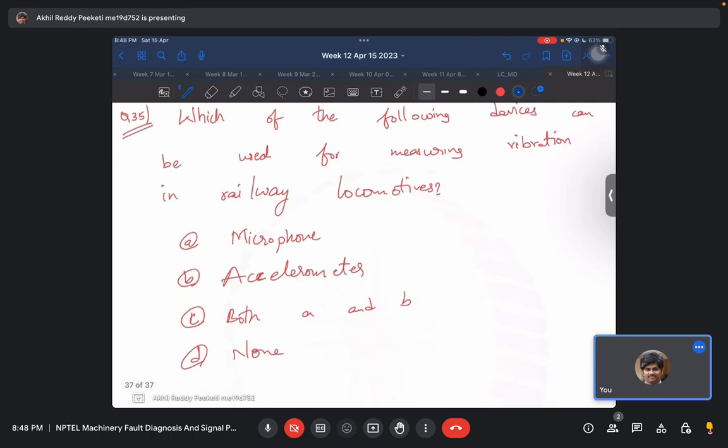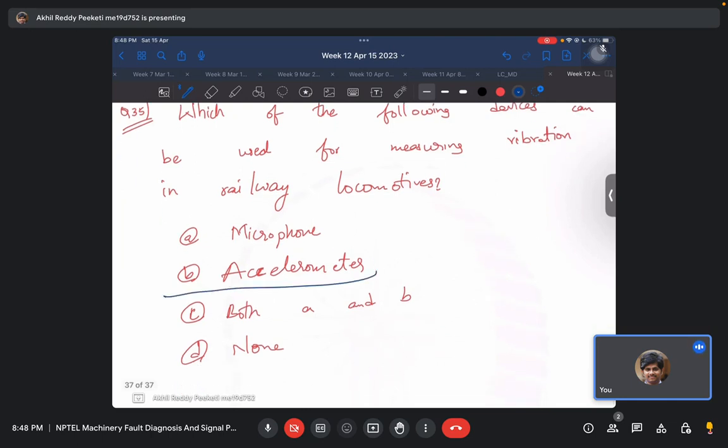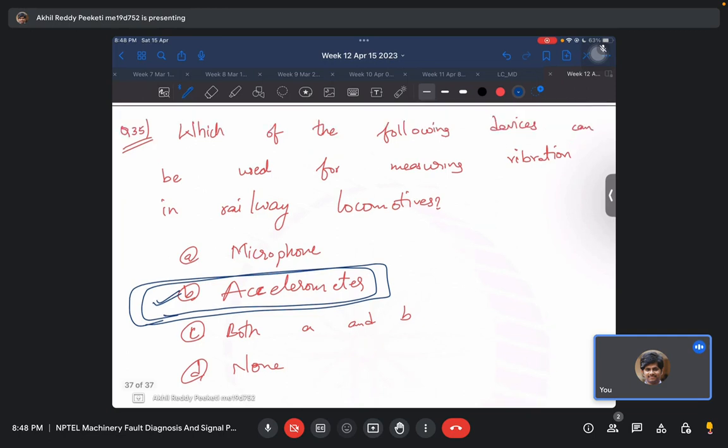For railway locomotives, you should use an accelerometer. A microphone doesn't work to measure the vibrations. It is mainly useful for sound.